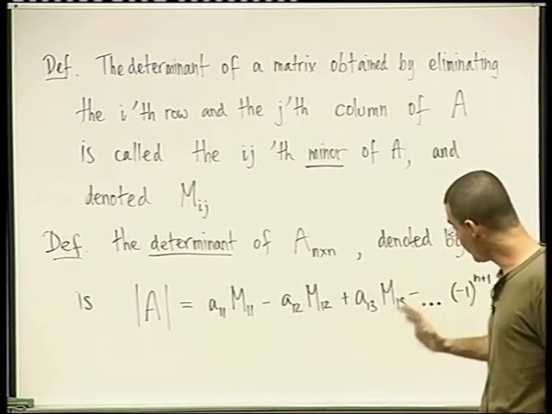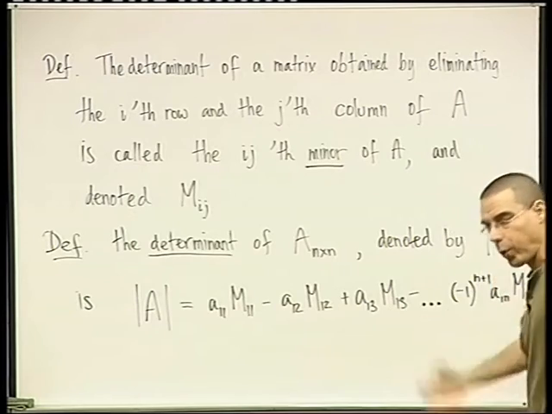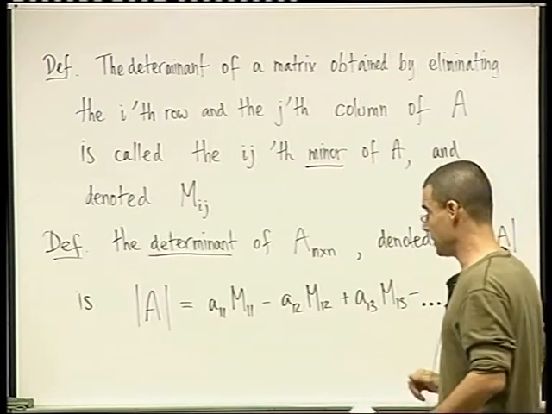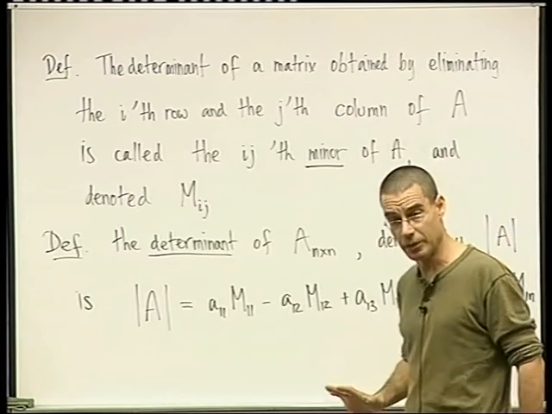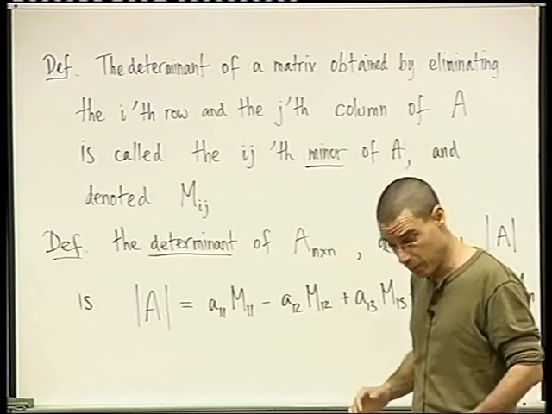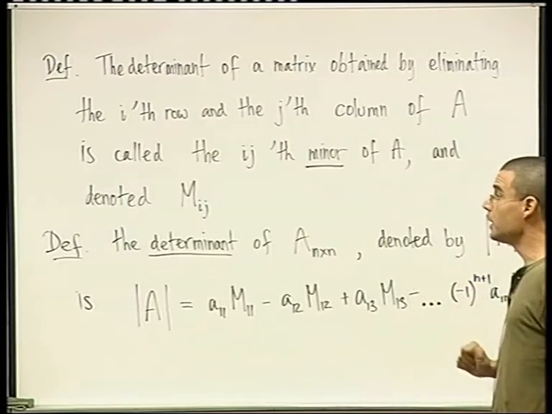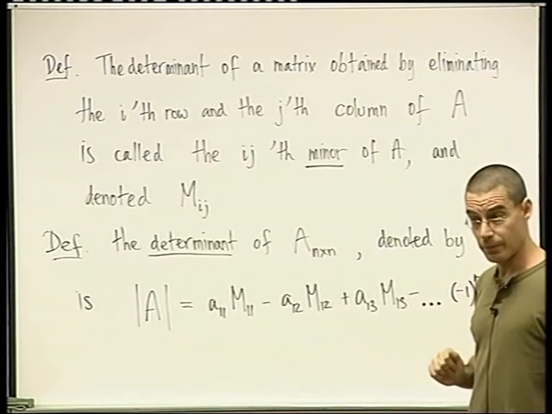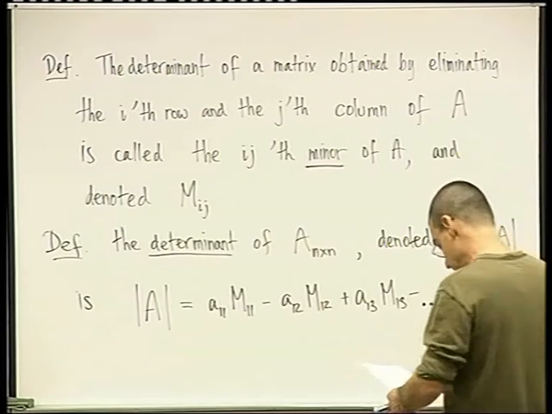So calculating determinants requires a bit of work. That's one comment that I want to confess to right now. There are some things we can do, which we're going to gradually see, that make it easier. But we haven't discussed them yet.